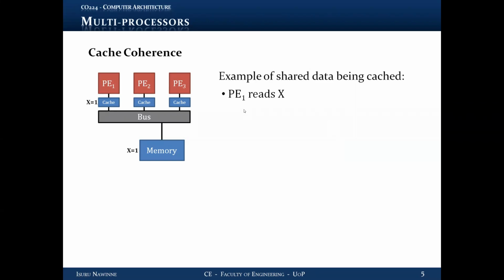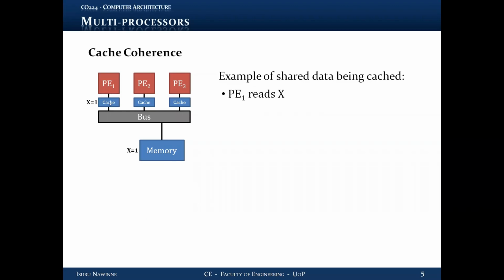So processing element 1, P1, now reads X. At this point in time, the program running on PE1 reads the value of X. And since this is the first time PE1 reads X, it's not in the cache.